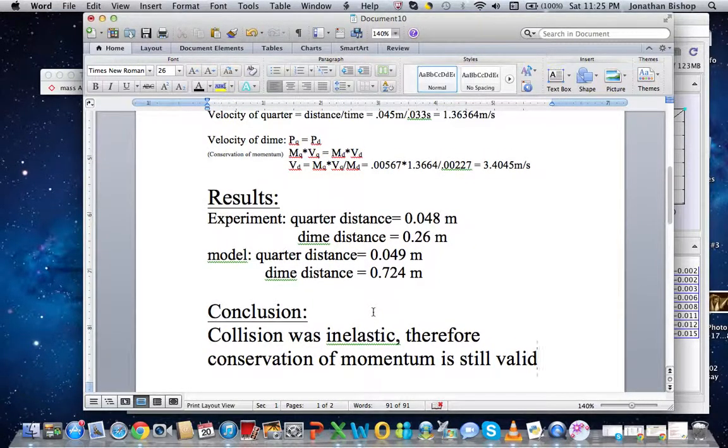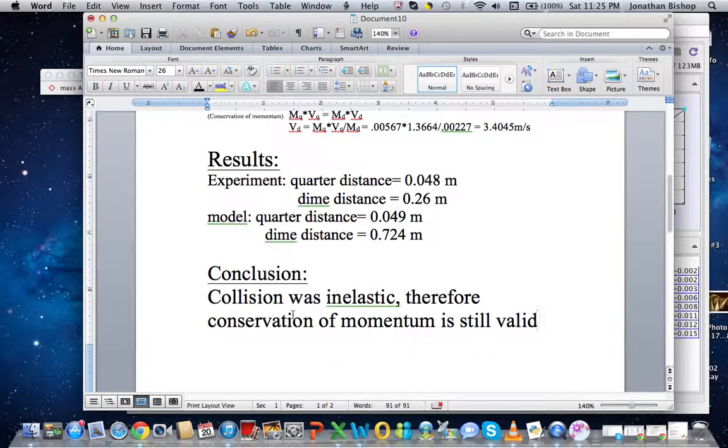which makes it appear that the conservation of momentum was not in fact valid. So here's my conclusion. I believe that the collision was inelastic.